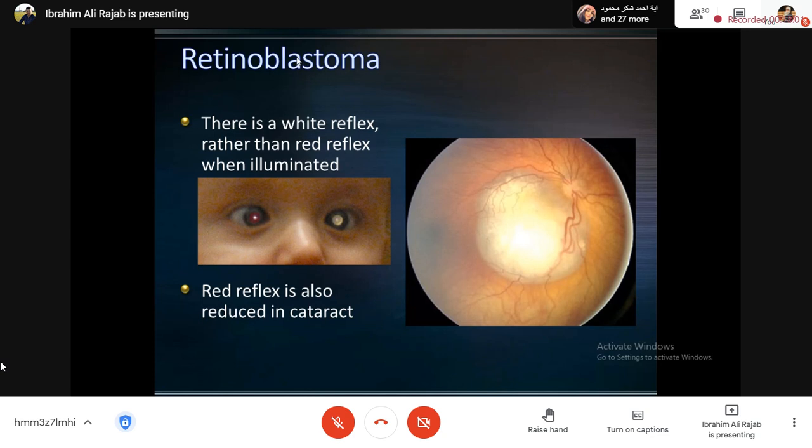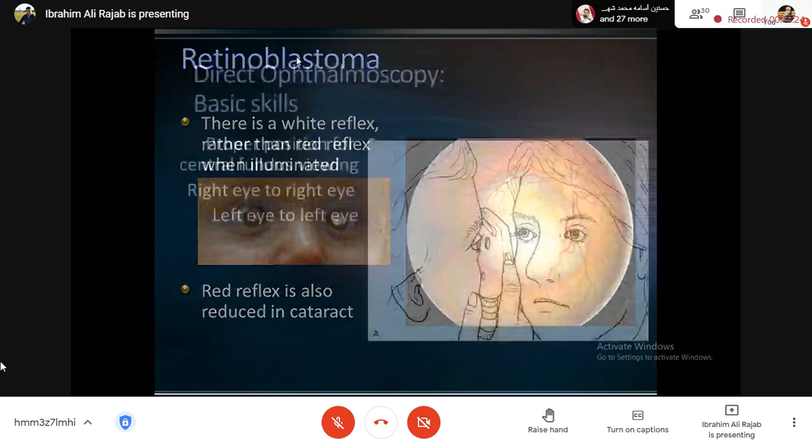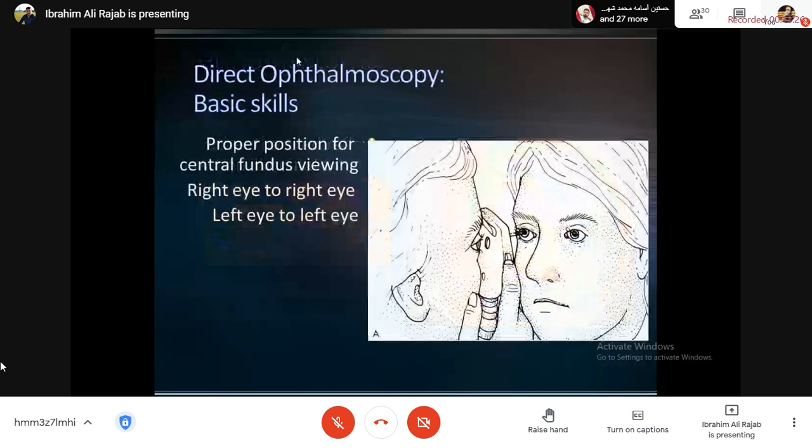And when you dilate the pupil to examine the fundus, I mean to examine the retina, the optic nerve, and the disc, you will notice a whitish lesion sitting on the retina, which is the retinoblastoma. So you should keep in mind that an abnormal red reflex may be caused by retinoblastoma and congenital cataract.